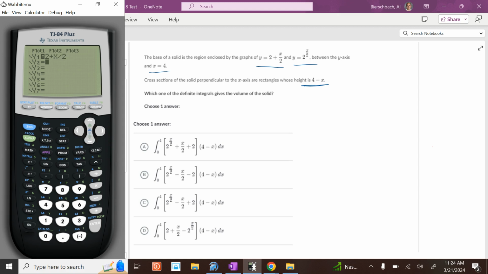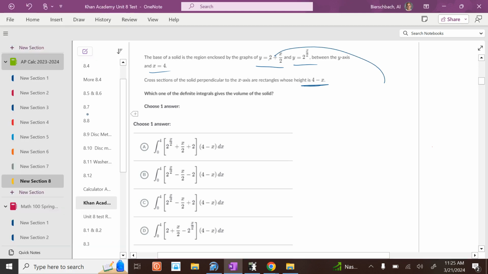And the other one is 2 raised to the x over 2 power. Graph. All right. So this one here is the top curve. The other one goes like that.